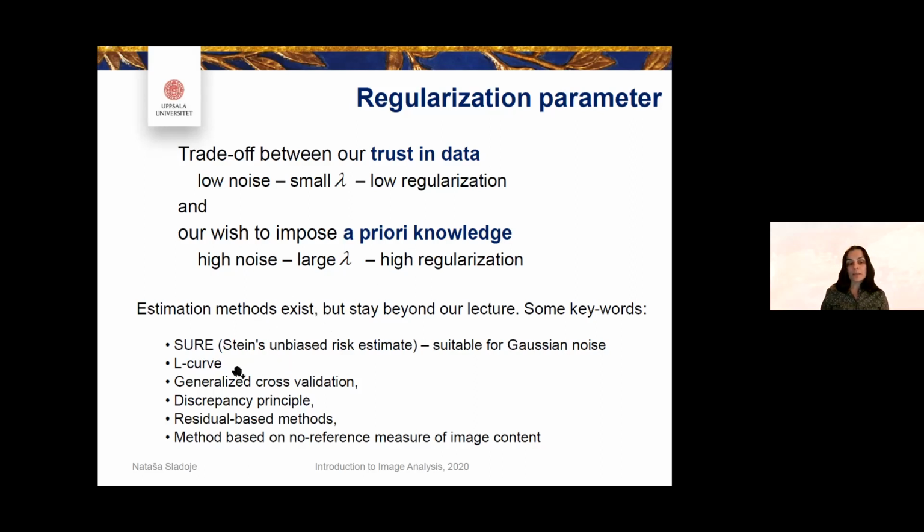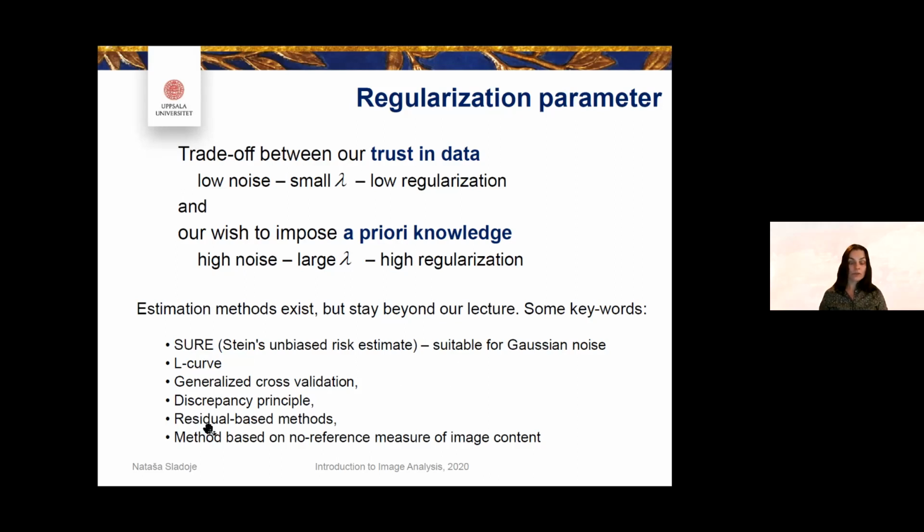There are a number of methods that can help to automatically estimate a suitable level of lambda for our applications, for the images that we work with. I listed some names, or keywords, for these different methods, but I will not go into details and I will not go further in that direction.